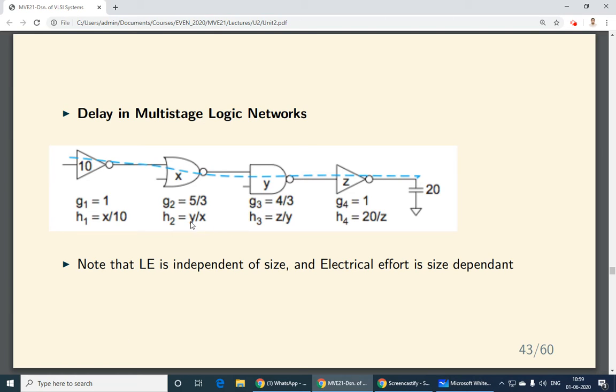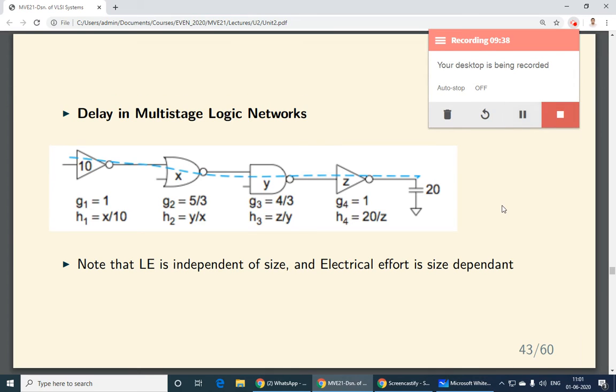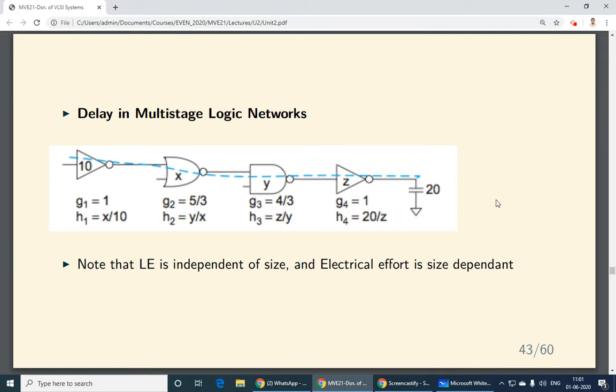Similarly, when I do h2 into h3, the y and the y will get cancelled, and h3 into h4, z and z will get cancelled. So if you multiply h1, h2, h3, h4, you will only get output capacitance. Okay. So that is a simplified version.